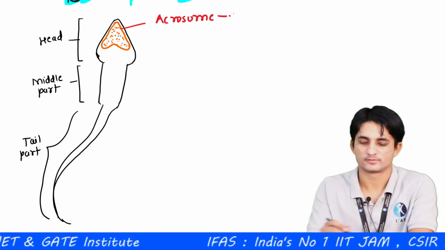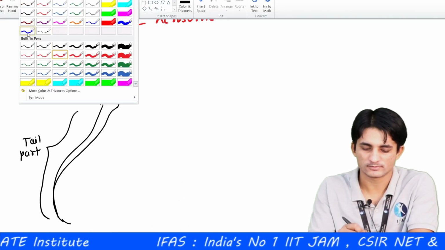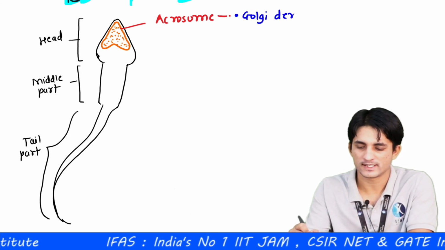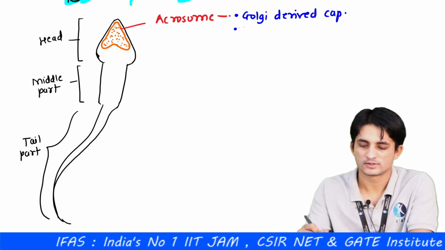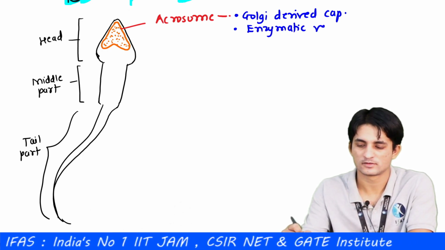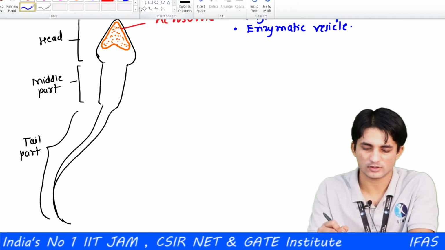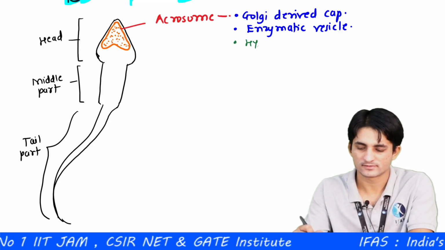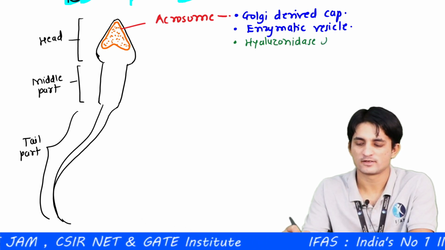The properties of the acrosome: it is a Golgi-derived cap, an enzymatic vesicle containing enzymes, and in that vesicle there are hyaluronidase and proteases.